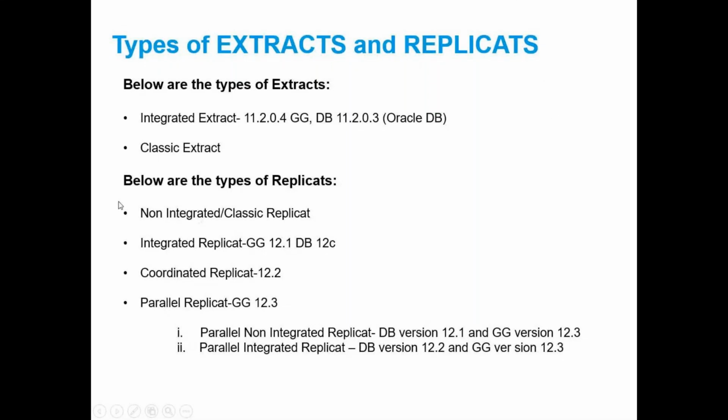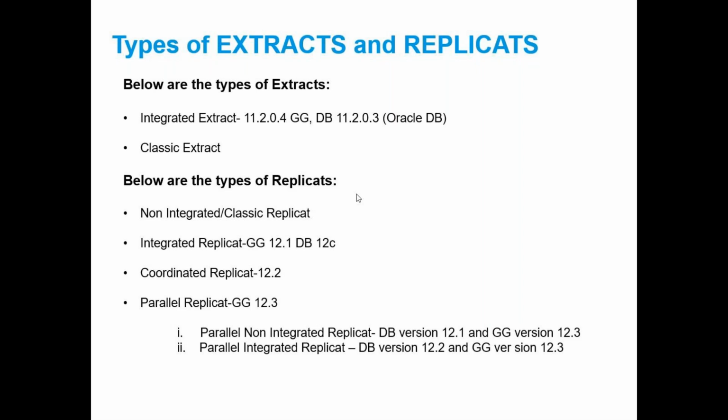Your source can use integrated Extract and the target can use parallel non-integrated. Anything will work. You will understand this when we move forward. In GoldenGate, your source and target are completely separate. As long as it is database supported and GoldenGate supported, you can use anything. So your source is independent, target is independent. Remember one thing, it's only the version dependency that is there.